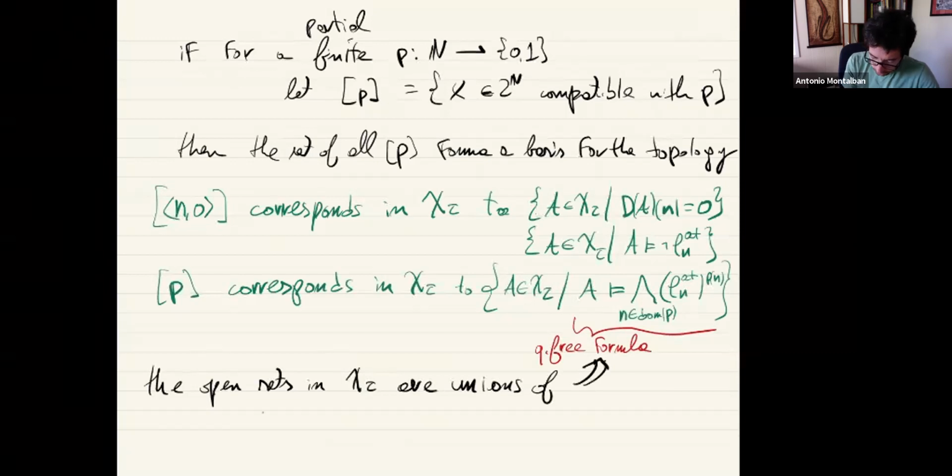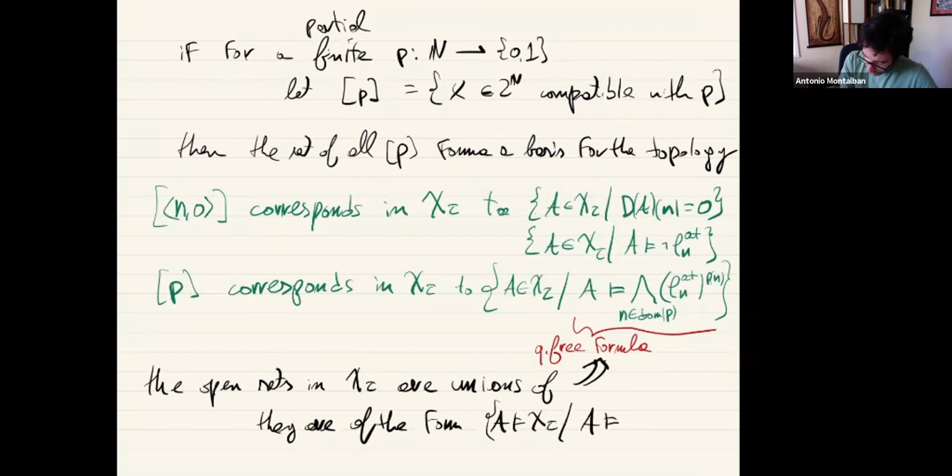That means they are of the form: all the A's in tau such that A models a disjunction of psi i, where each of these psi i is a quantifier-free formula, one of those.